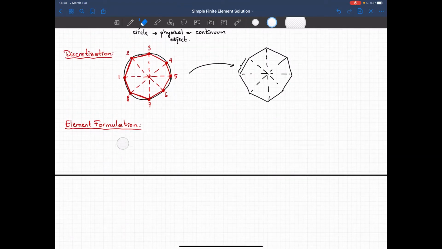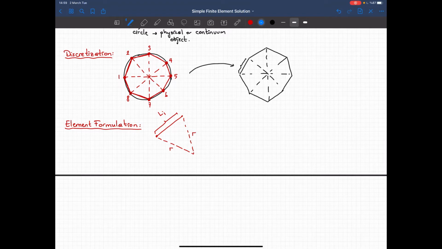And I have to relate the length of this element with the radius of that circle. This is the length, okay? Because I can just approximately calculate the perimeter by adding the lengths of each finite element.